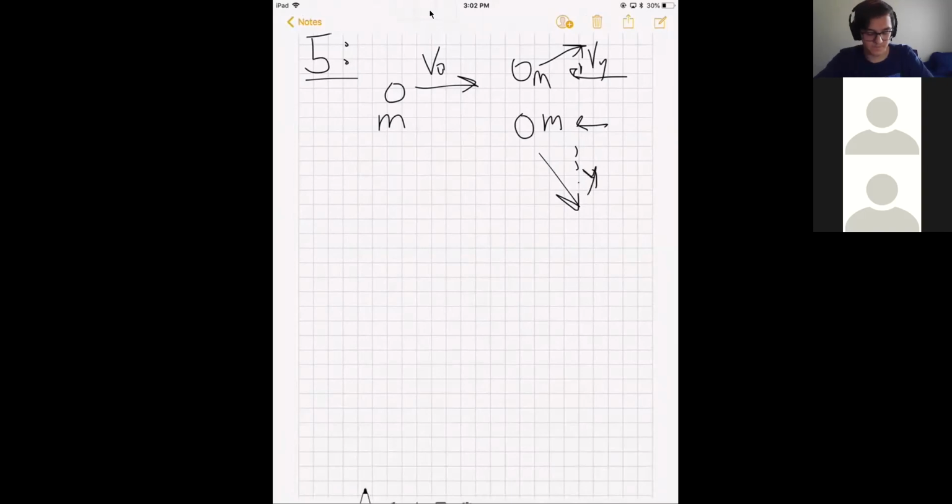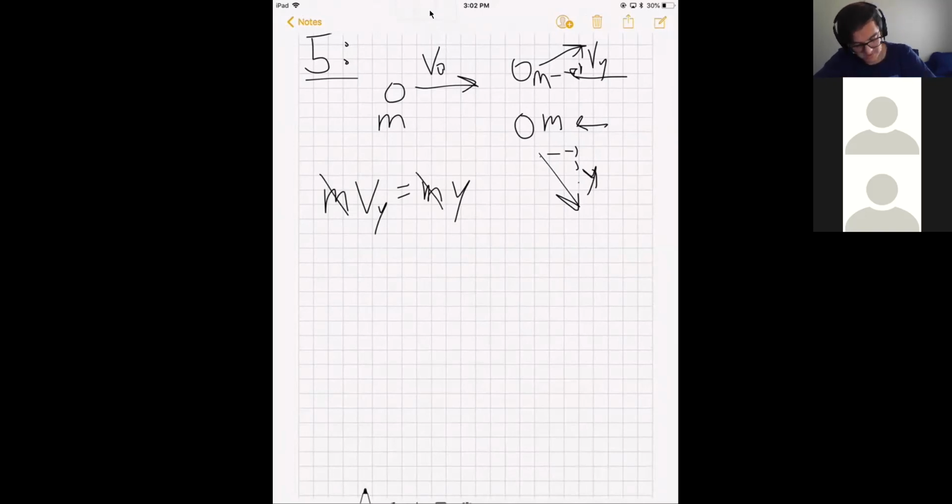Now we're going to do the same thing in the next direction. So pretty standard stuff. m Vy is equal to m times y. We're trying to solve for y. Well, those m's can cancel out, so Vy is equal to y. So both of the velocities in the y direction are the same.